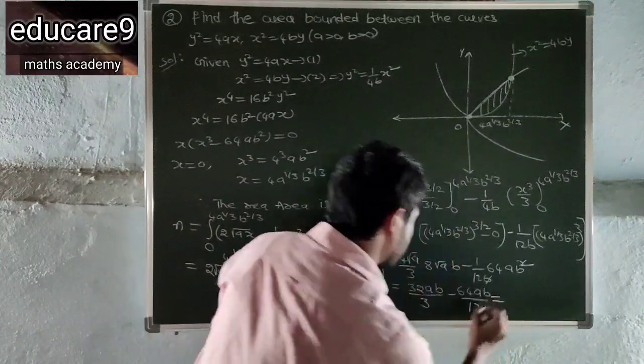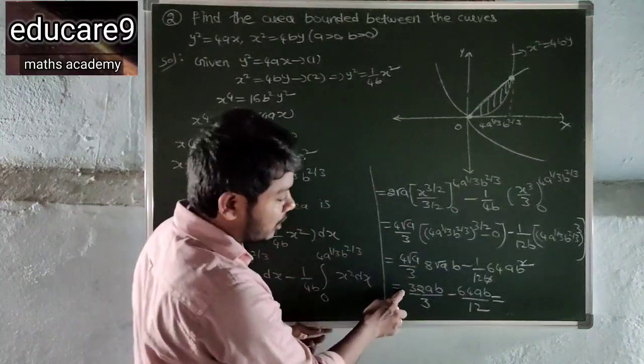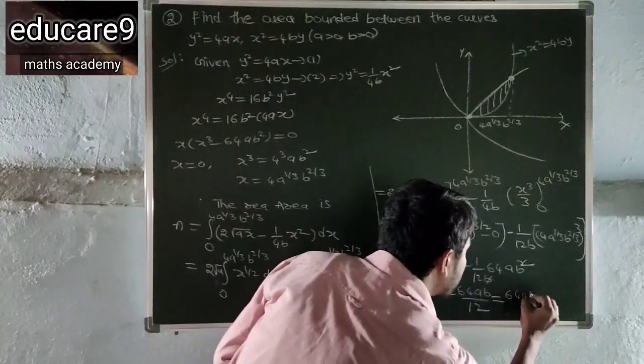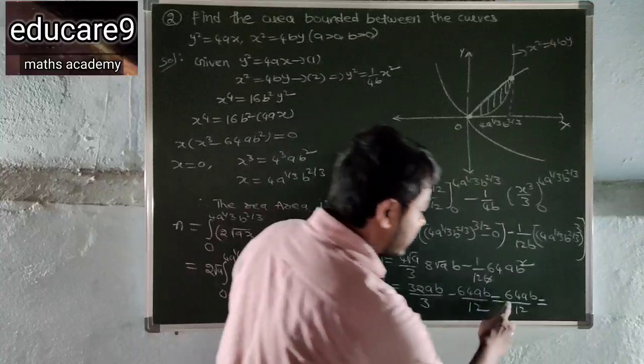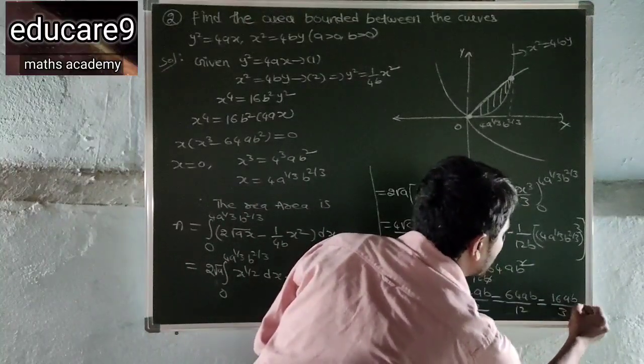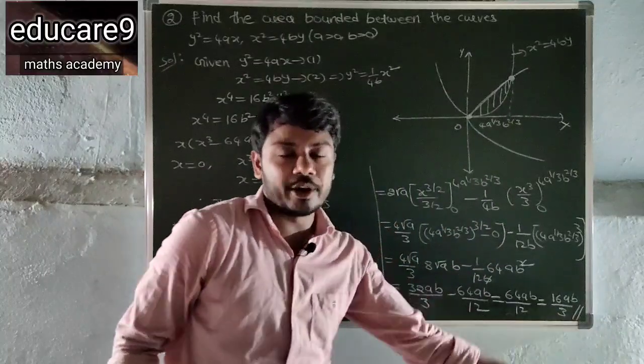Now this is equal to 4 into 32, 128 ab minus 64 ab, that is 64 ab by 12. So clearly this is 16 ab by 3 square units. So this is the required answer.